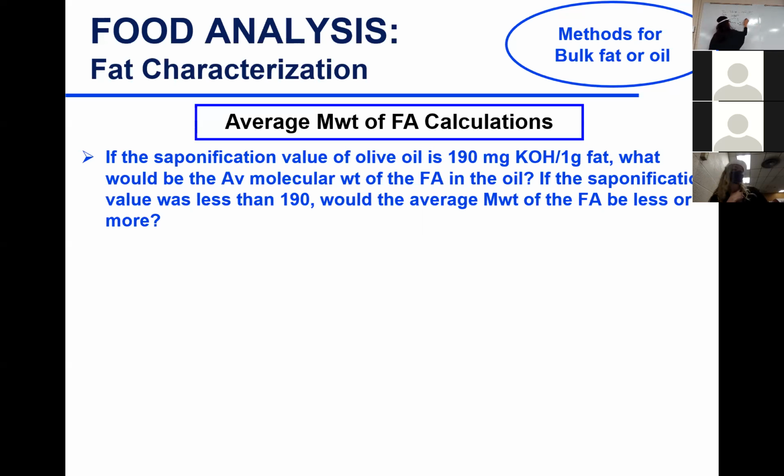If I know the molecular weight of water and of glycerol, and I get the triglyceride molecular weight from this information, then I can subtract the molecular weight of water times 3 and the molecular weight of glycerol from the triglyceride molecular weight. I get the molecular weight of 3 fatty acids. Divide by 3, I get the average molecular weight of 1 fatty acid.